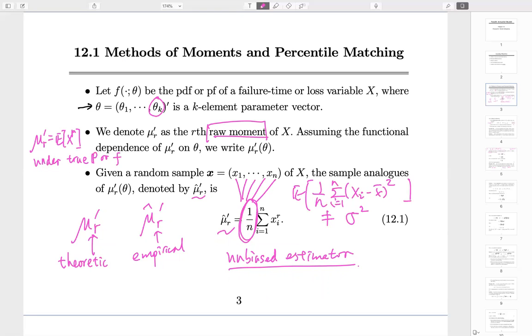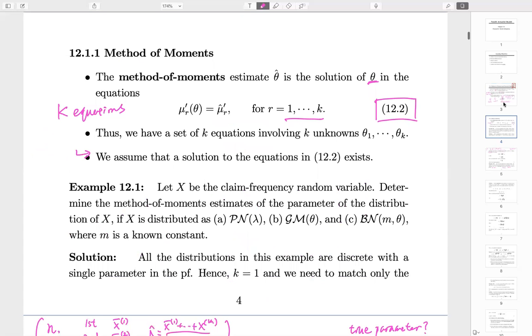So that's why we actually prefer to use raw moments. Of course, when your sample size n is large enough, the difference is rather tiny, and in that case, you may want to use central moments, right? And since the difference is negligible, then it doesn't make a huge difference.